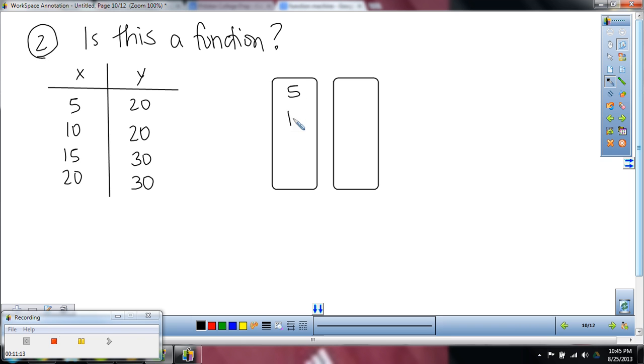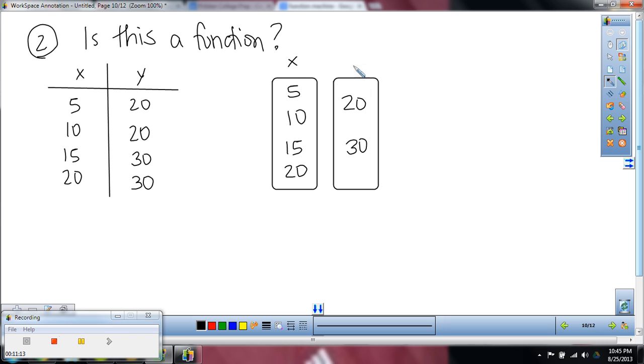So our 5, our 10, our 15, and our 20. And here we have 20, a repeated value, so I don't need to write that again, 30, and a repeated value, so I don't need to write that again.